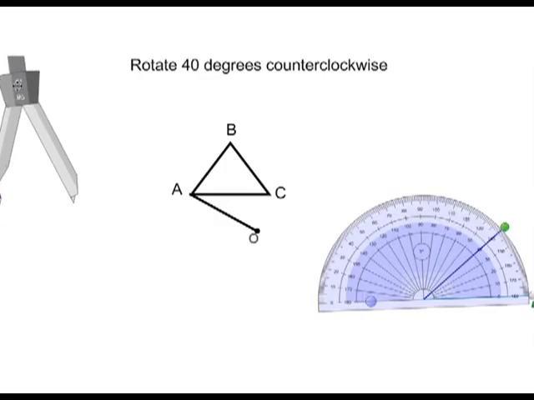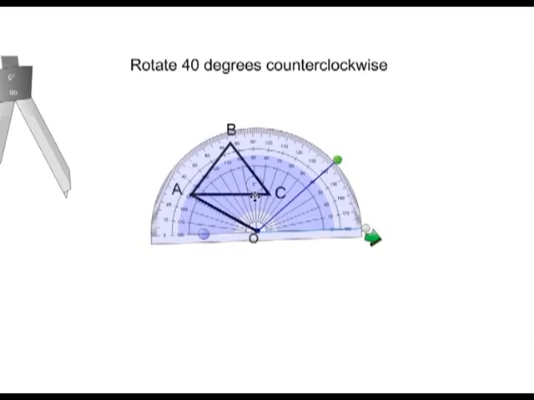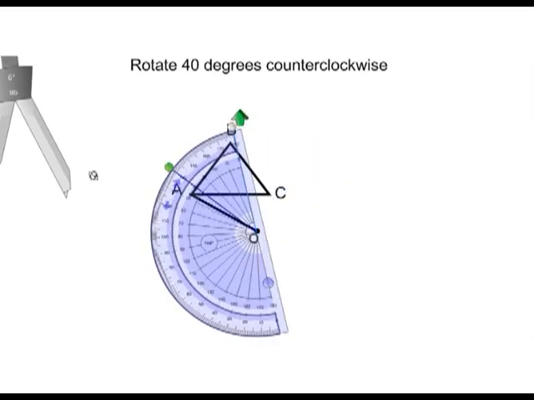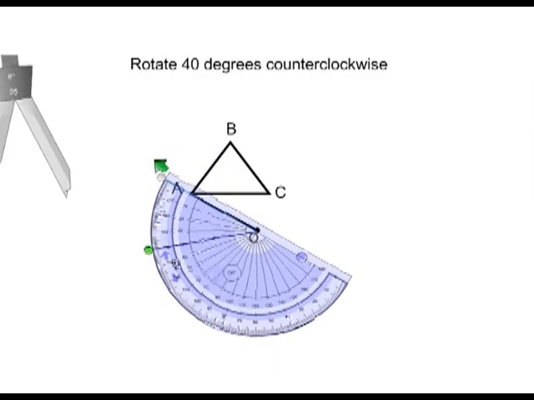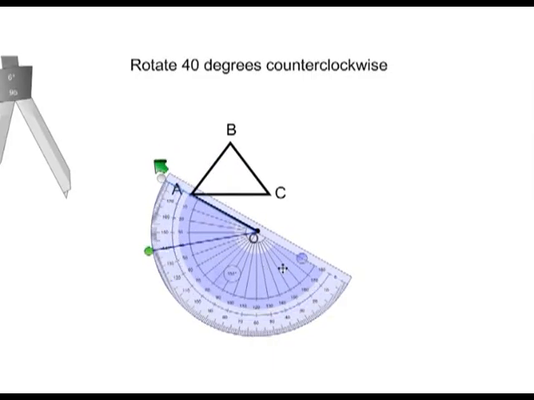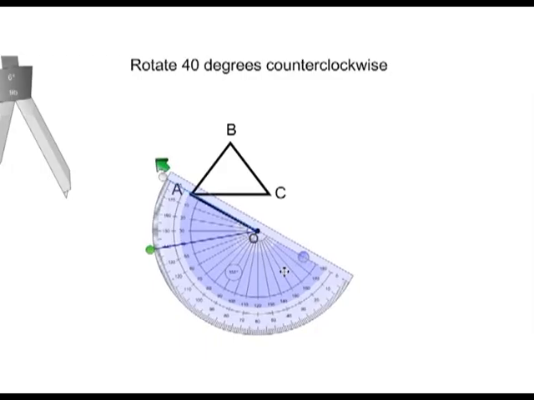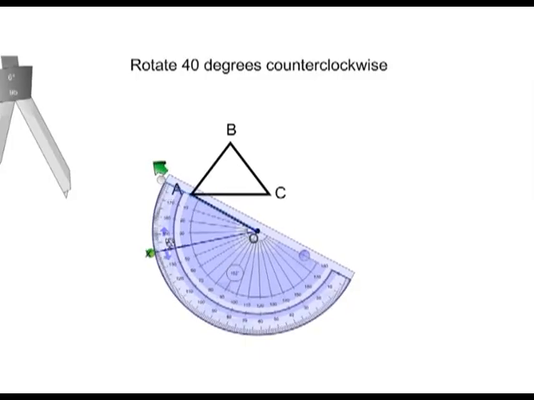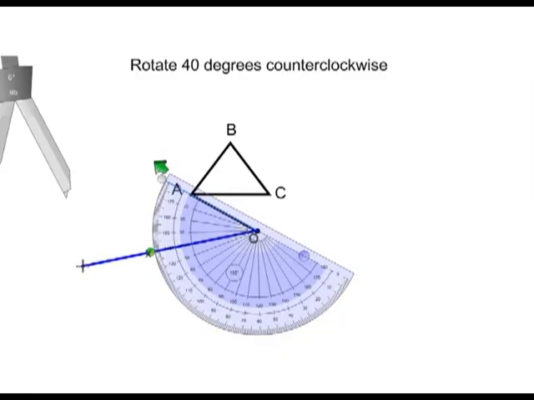We put this one aside first, and then take the protractor and measure 40 degrees in the anti-clockwise direction. Now rotate that so that the line OA matches the horizontal line on the protractor. Yup, there. 40 degrees is here. Remove the protractor and draw that line.